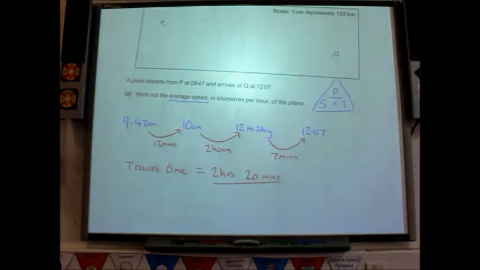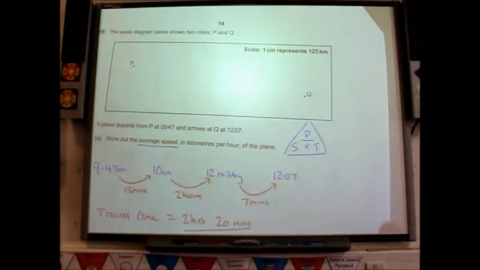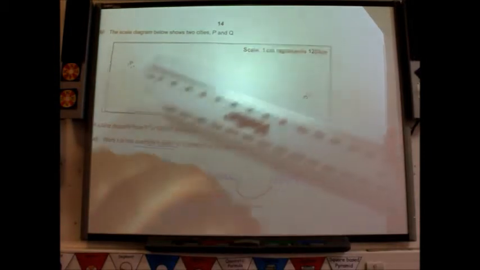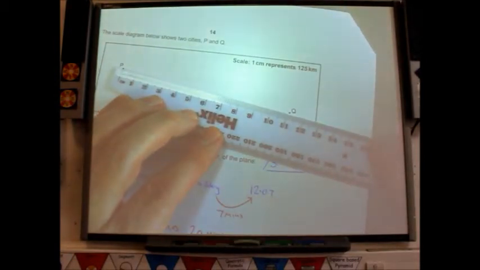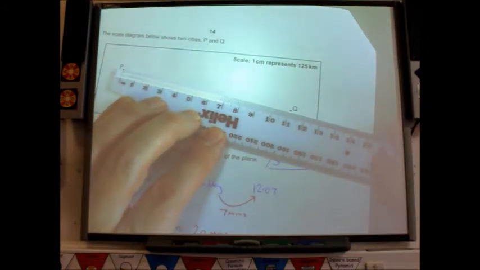There you go. You get at least 1, maybe 2 marks just for doing that. Now we need to work out the distance. We've got a lovely scale up here, so let's get another mark by using our ruler. The distance here, and I'll try and do this as accurately as I can, I make that 11 centimetres.